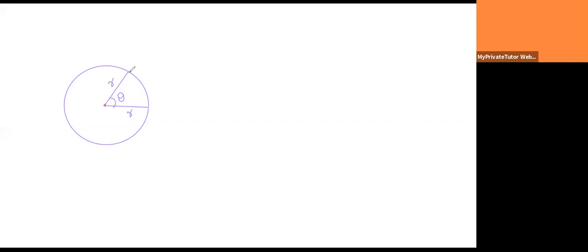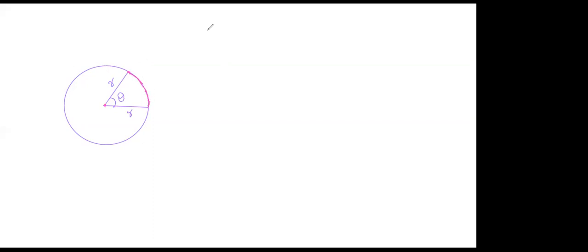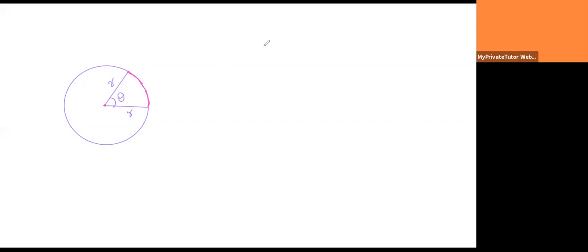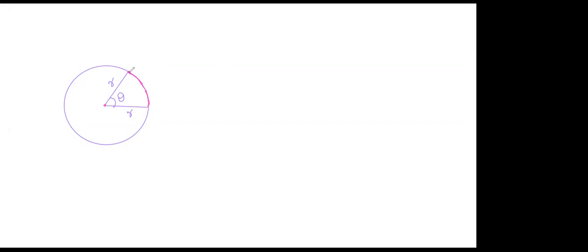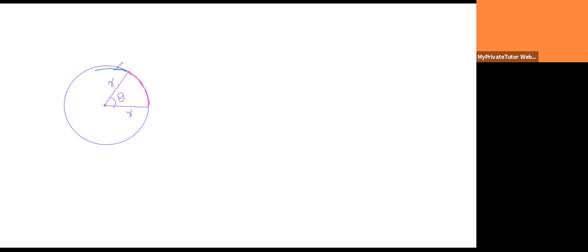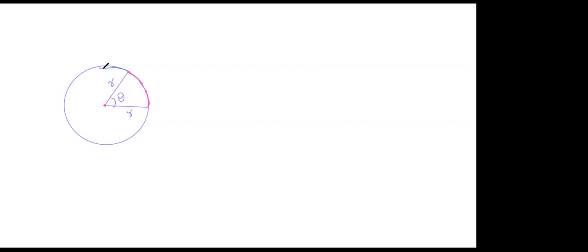And what is the arc here? The arc is the distance from here to here. We can say this is a smaller arc, and the other side around might be another angle and another arc as well. This one, the blue line, let me draw it roughly.